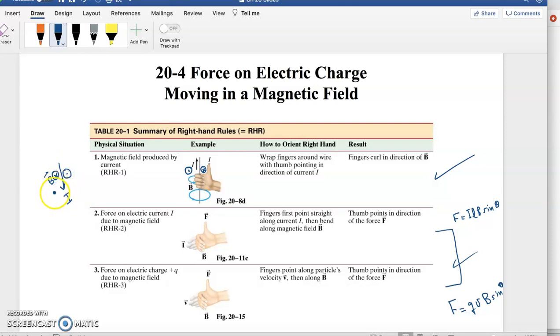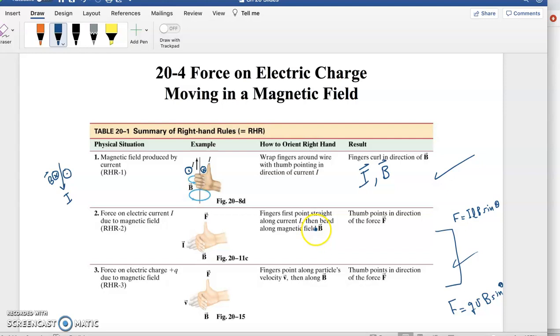All right? This is as easy as we can explain it. And look here, we are only dealing with two things, I and B. So it is a simple one. Just go with your thumb to the current and curl your fingers, and this is right hand rule number 1.